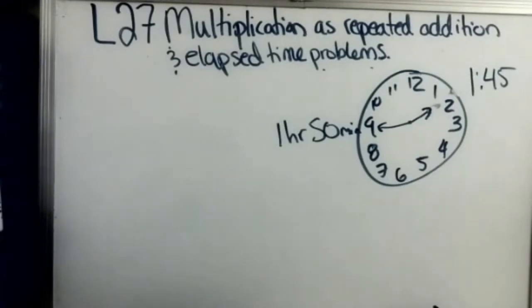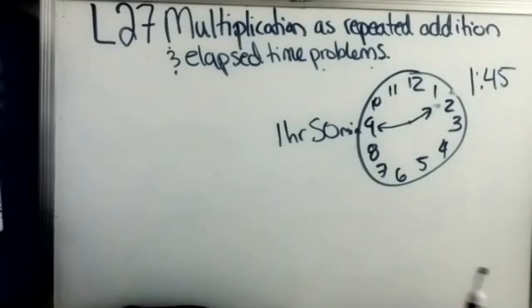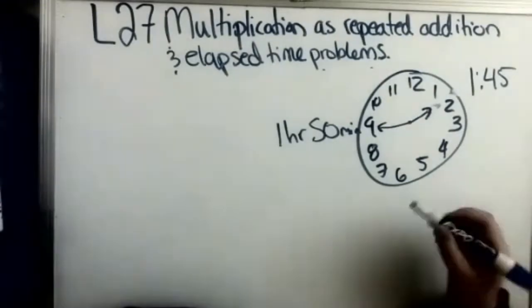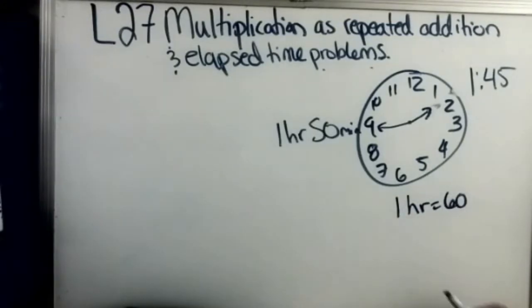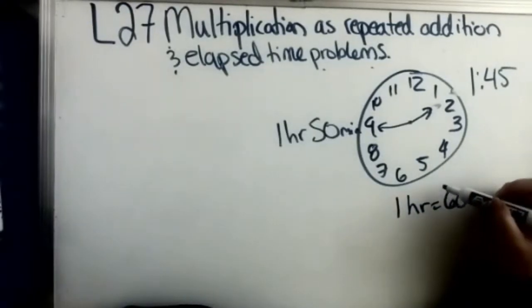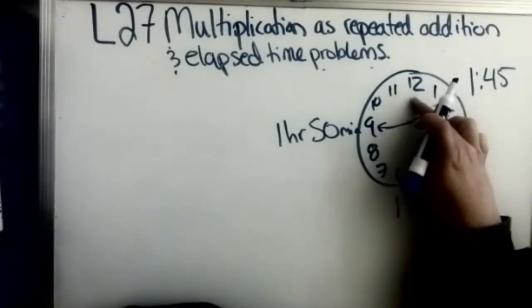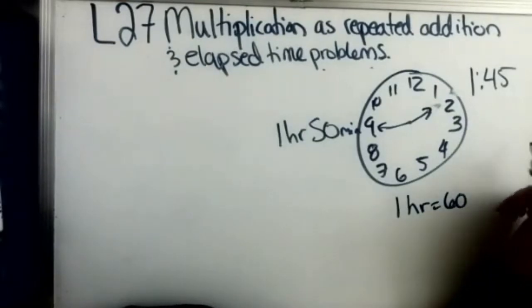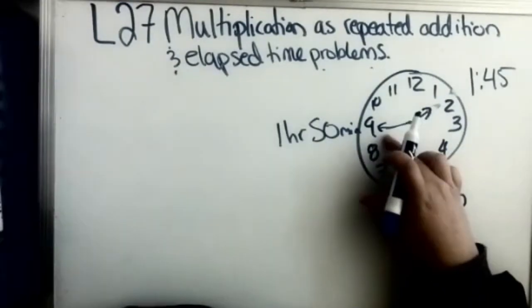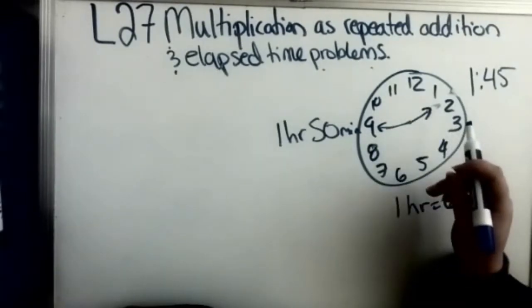So what is 1 hour and 50 minutes in the future? I can do that 2 ways. The way I like to do it is just do 1 hour to start with. So 1 hour equals 60 minutes. That normally means going from 12 all the way around back to the 12, but you can do that from any number. So if I take my big hand from the 9 and go all the way around back to the 9, that's an hour.